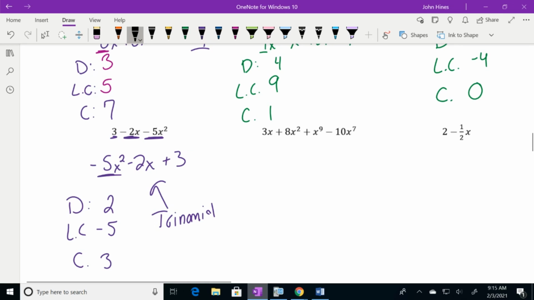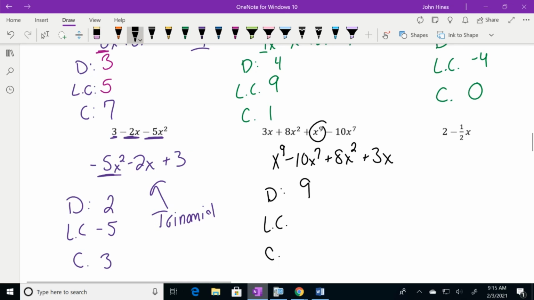And finally here, highest power, x to the 9th, x to the 7th, x², and then x. That's standard form. That polynomial is written in standard form because the powers decrease. Degree, leading coefficient, constant.